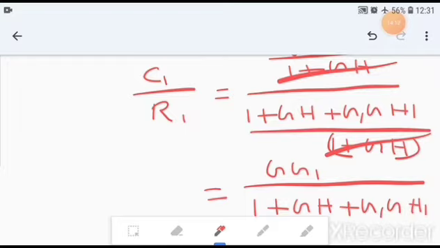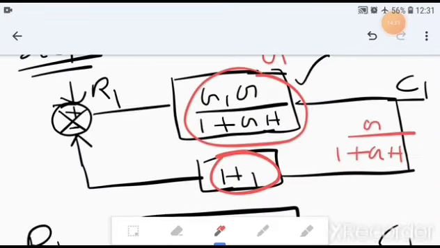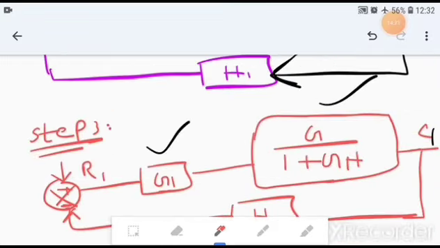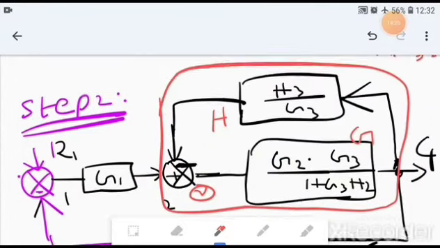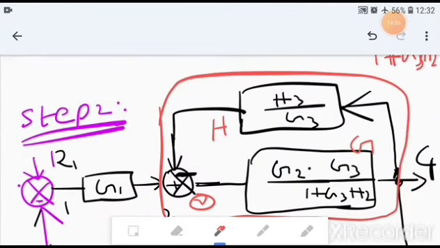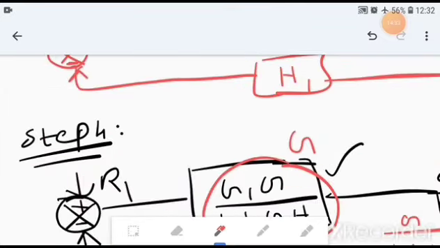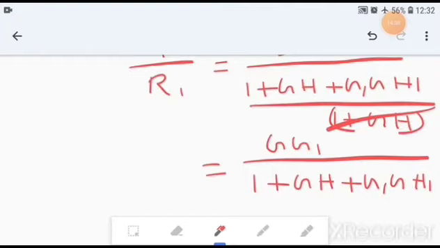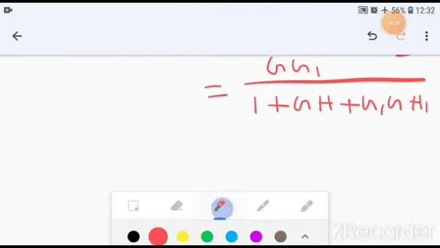Now what is G and what is H we have to substitute here. What we have taken here, H is H3 by G3 and G is G2 G3 by 1 plus G3 H2. That we have to substitute in the beginning, or here also you can substitute.